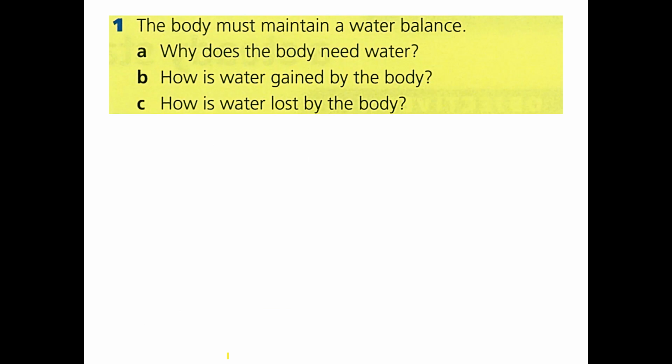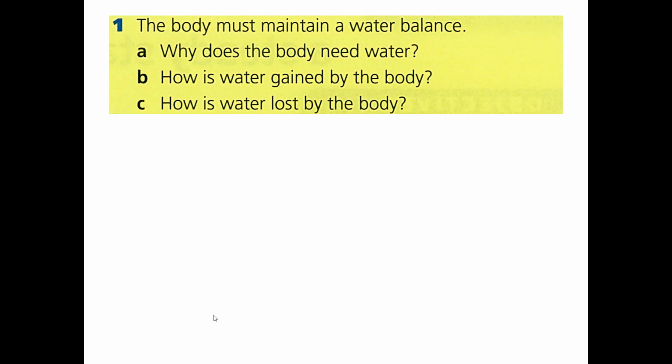Question 2.44: The body must maintain a water balance. A. Why does the body need water? To keep the cell cytoplasm hydrated. B. How is water gained by the body?